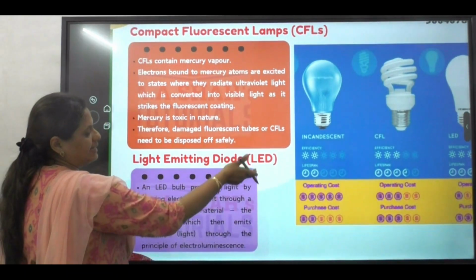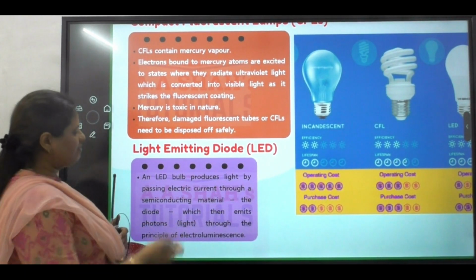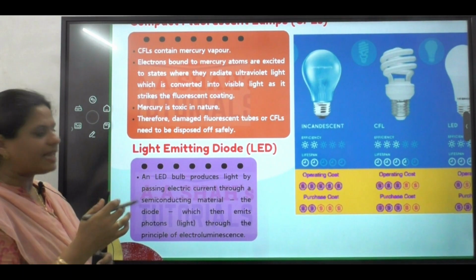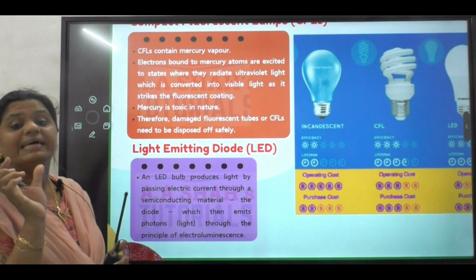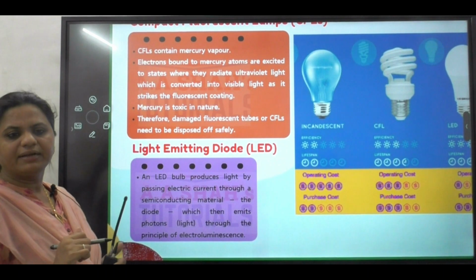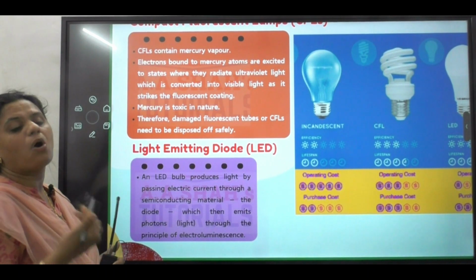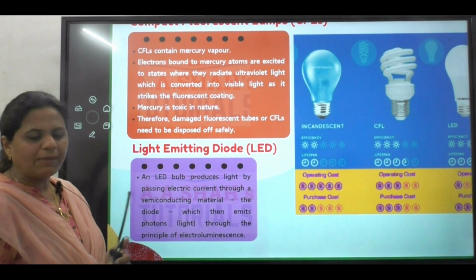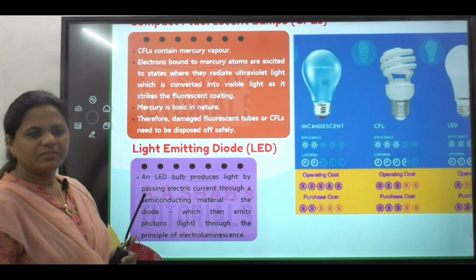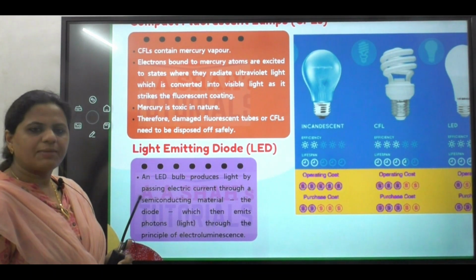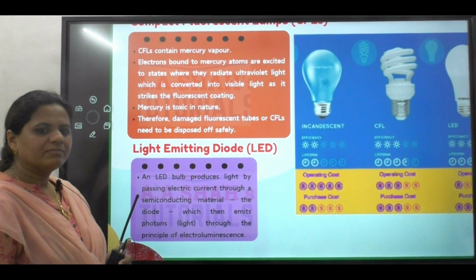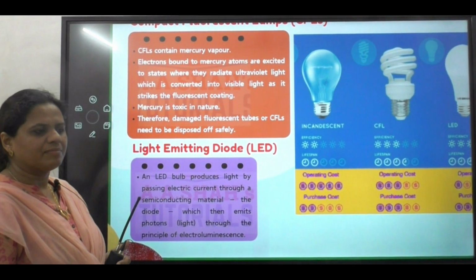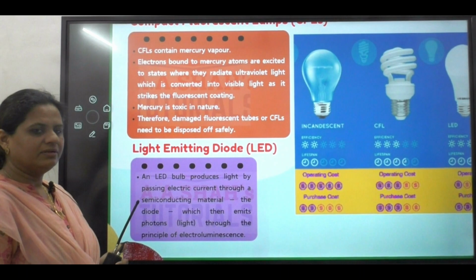LED is the latest technology. LED is an electric bulb that produces light on passing electricity through semiconductor material. What semiconductor materials are used in all electronic devices today? Can you name any element which is a semiconductor? Diode. Diode is made of which element?